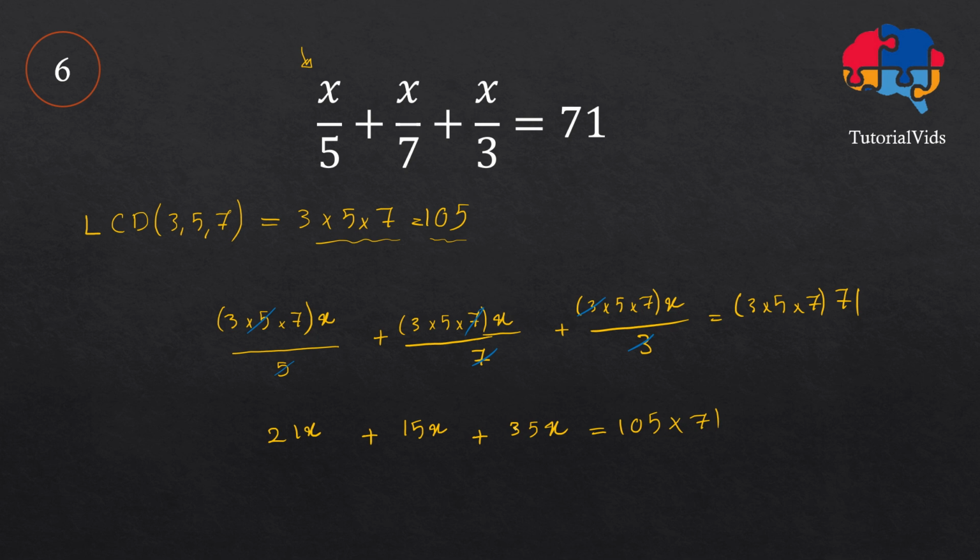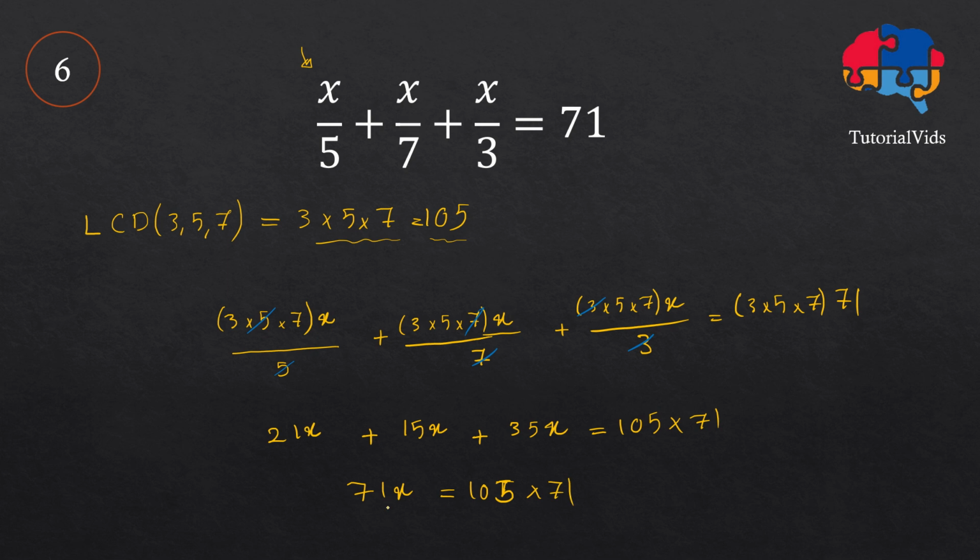Now it's time to sum up all the terms on the left, which gives us 15 plus 35 is 50, and plus 21 is 71x equals 105 times 71.